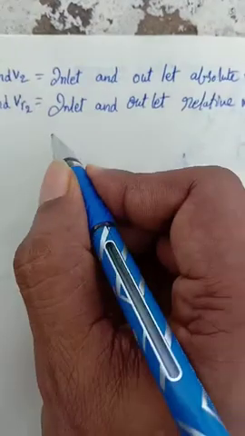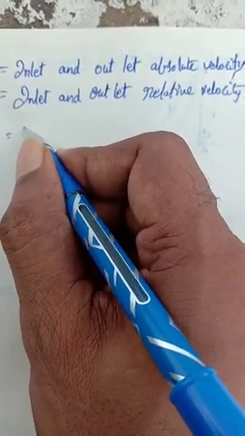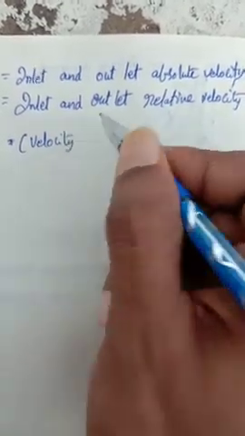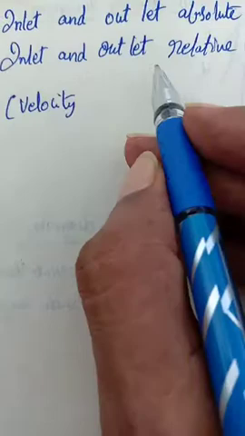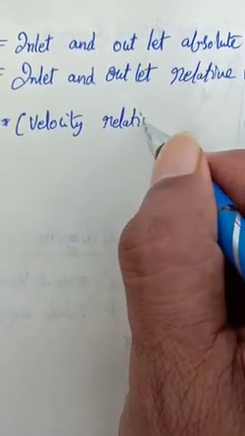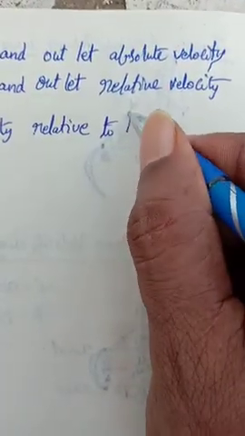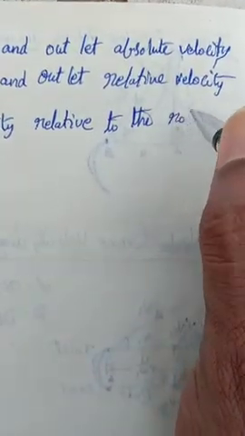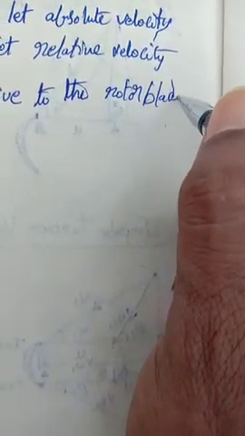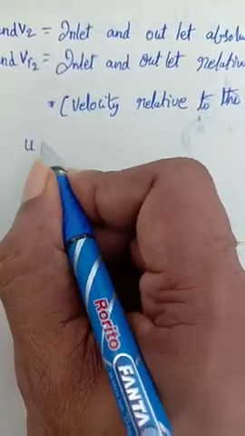Okay, now this is the point where I can write down velocity relative to the rotor blades.